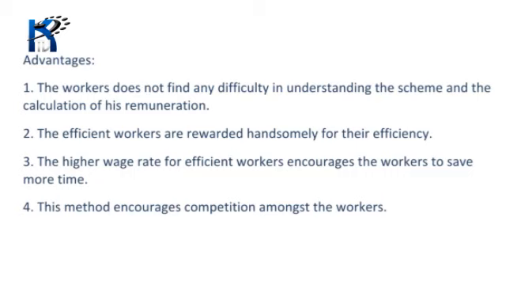The calculations of remunerations are also simple. Another main advantage is that the efficient workers are rewarded handsomely for their efficiency. Again, due to the higher wage rate of efficient workers, the workers tend to save more time. That means the disadvantages of idle time can be reduced through this method.